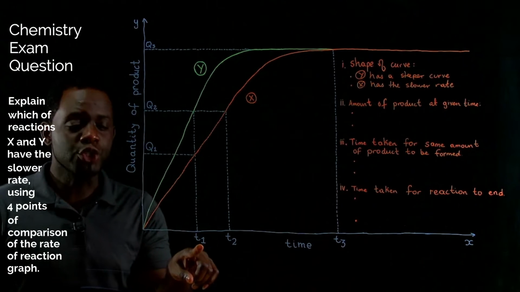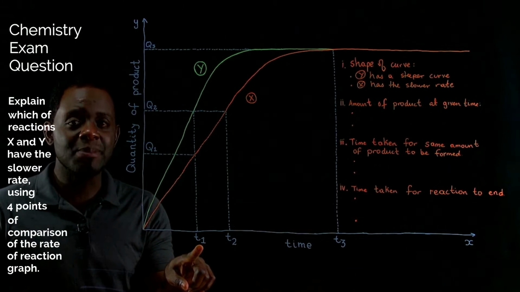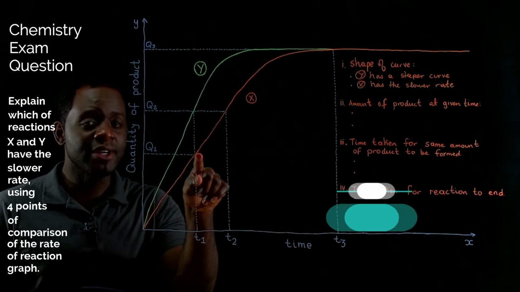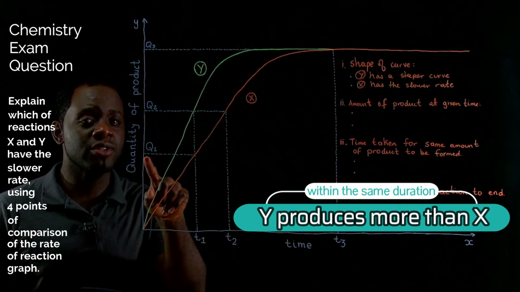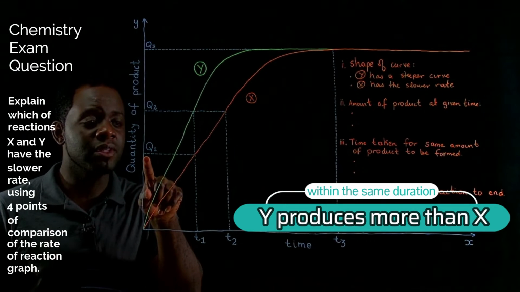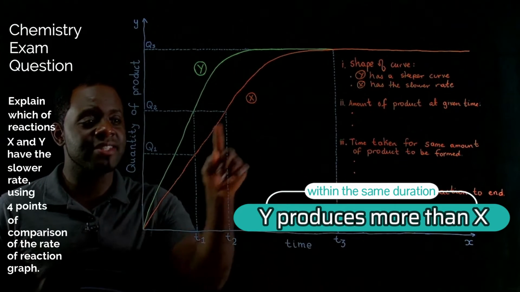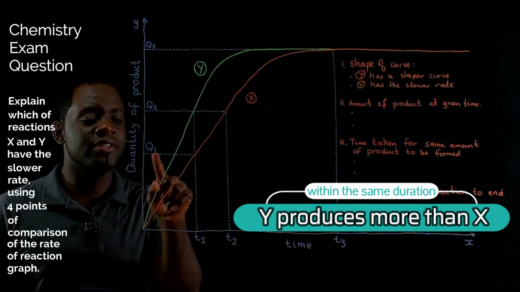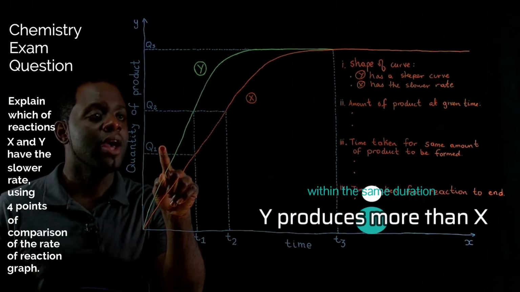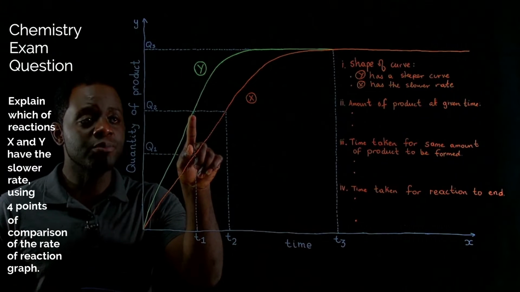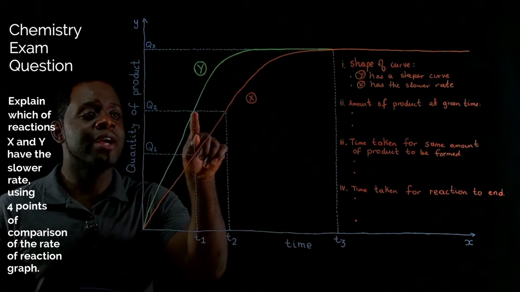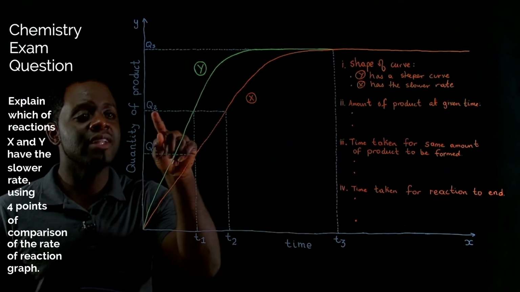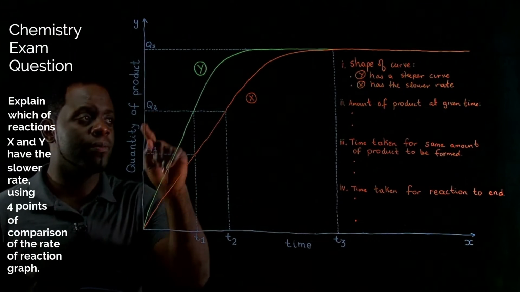Here the graph is showing us that at a specific time, T1, a lesser amount of products are formed from reaction X, and this is demonstrated by the horizontal line Q1, than the amount of product formed in reaction Y as represented by the horizontal line Q2.